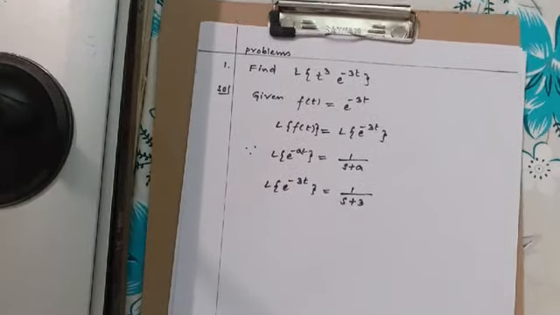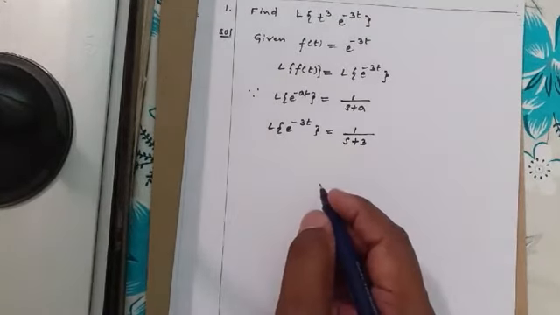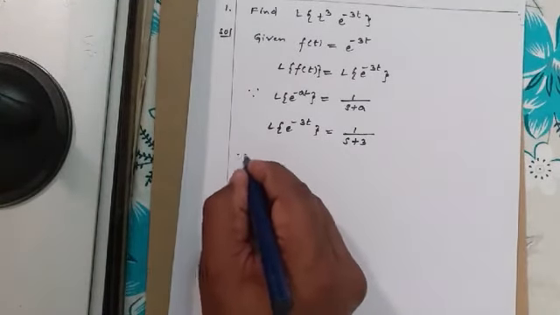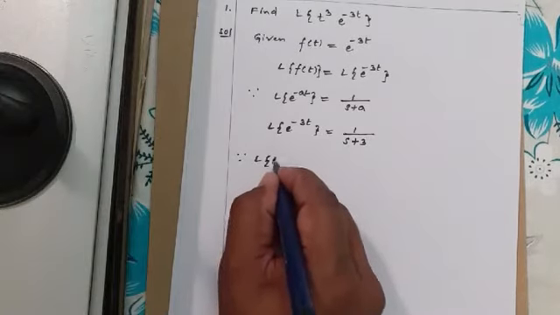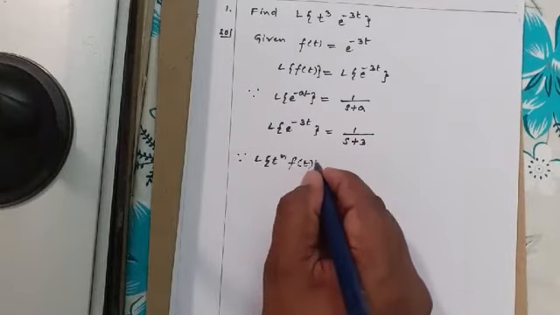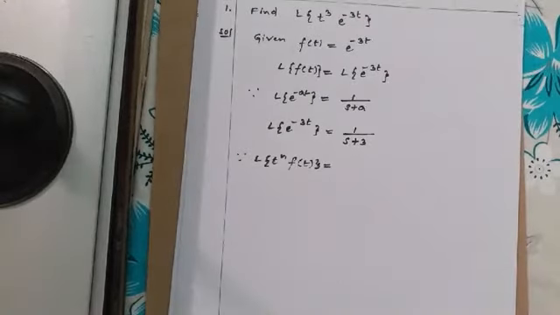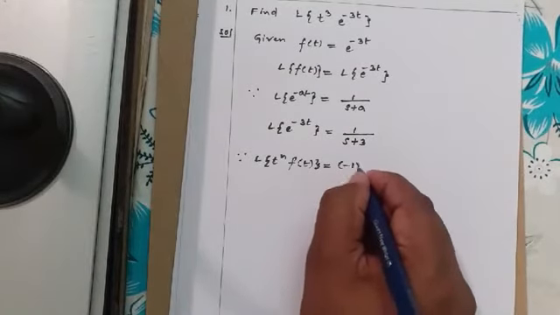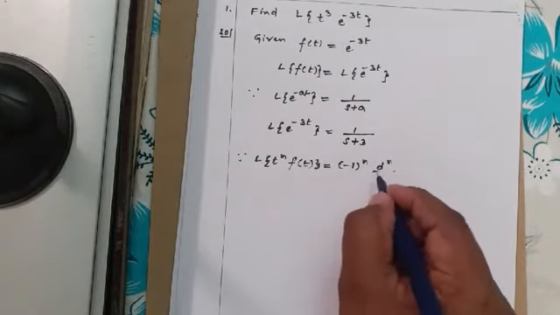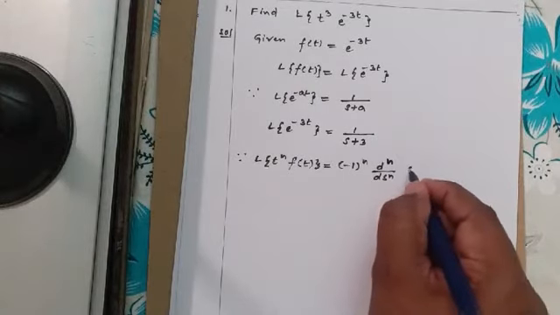So after finding Laplace of f of t, now we apply the formula: Laplace of t power n f of t is equal to minus 1 whole power n d power n by ds power n of f bar s.